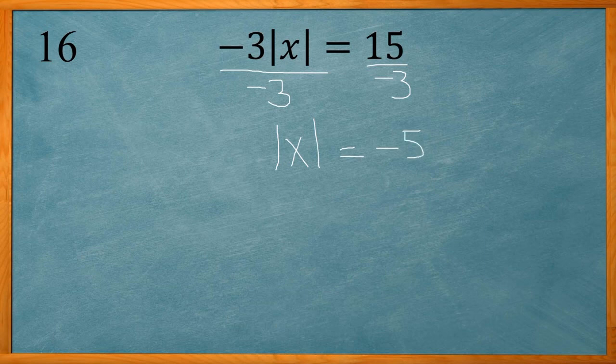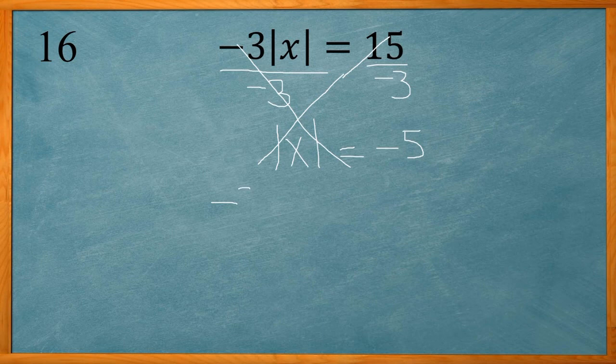Remember what we said, we basically take the positive of what's inside the absolute value as the answer. So is there a way where I can take the absolute value of x and get -5? No. So this is basically no solution, because there's no value of x where the absolute value of it will give you -5.